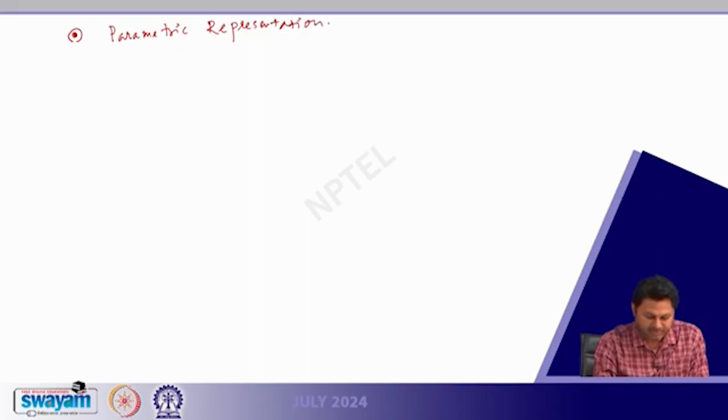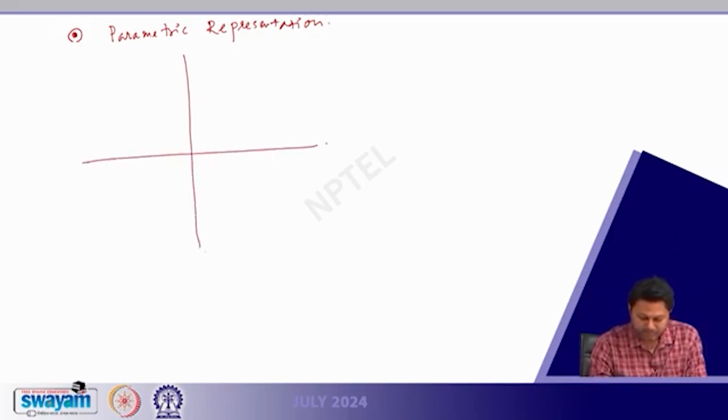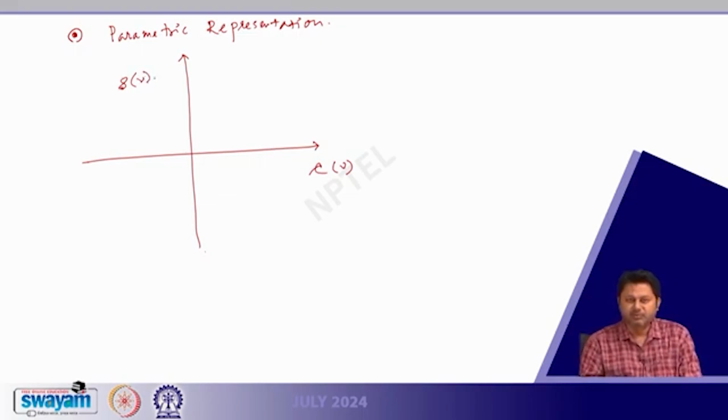In this parametric representation, we plot C of nu and S of nu in x and y axis for different values of nu.